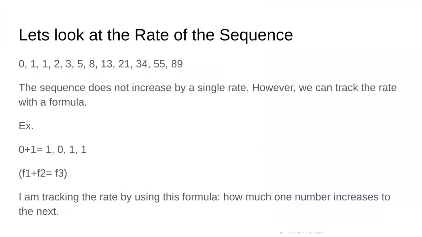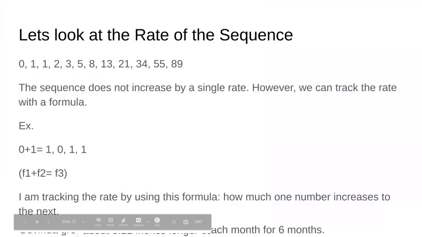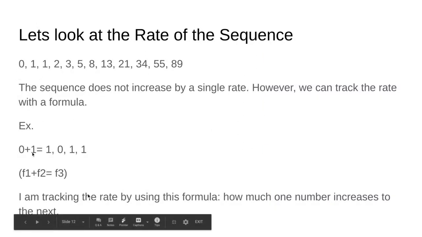Here is our first set of the sequence: 0, 1, 1, 2, 3, 5, 8, 13, 21, 34, 55, and 89. The sequence does not increase by a single rate. However, we can track the rate with a formula, which we've seen before. We took the first two numbers of the sequence, 0 plus 1 equals 1.